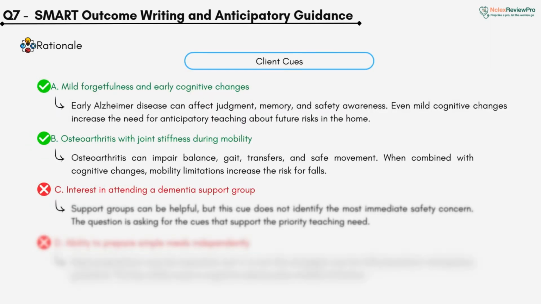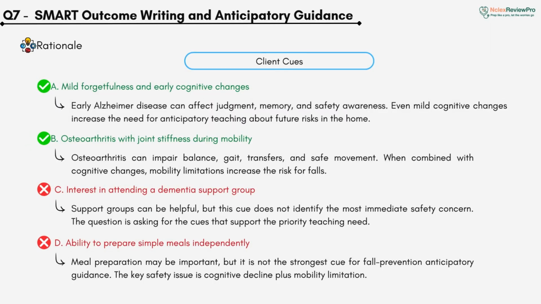Now let's go through the client cues. Option A, mild forgetfulness and early cognitive changes. This is correct. Early Alzheimer's disease can affect memory, judgment, and safety awareness. Even mild cognitive changes increase the need for anticipatory teaching about future risks in the home.